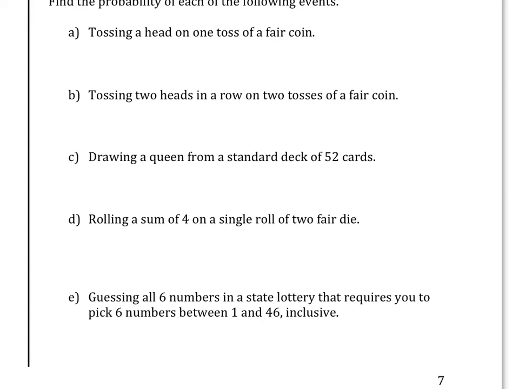A, tossing a head on one toss of a fair coin. Probability again is what you want, a head, over all possible, so total ways things can happen. There's only one way to get a head on a coin, but there are 2 faces, so this is going to be 1/2. Next, tossing 2 heads in a row on 2 tosses of a fair coin.